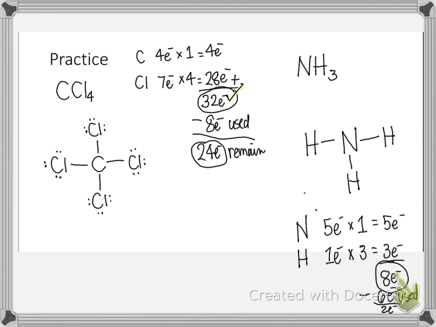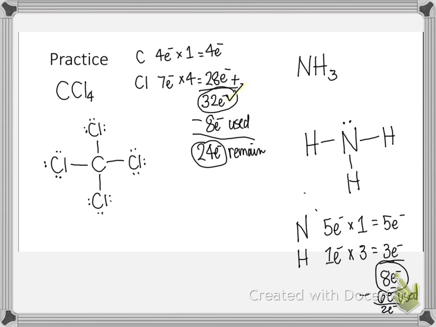Normally we look at the ones on the outside, so in this case, that would be the hydrogens. But the hydrogens already have a 2, which is their happy spot. So we're not going to do anything with the hydrogens. And so the remaining 2 will go on the nitrogen.